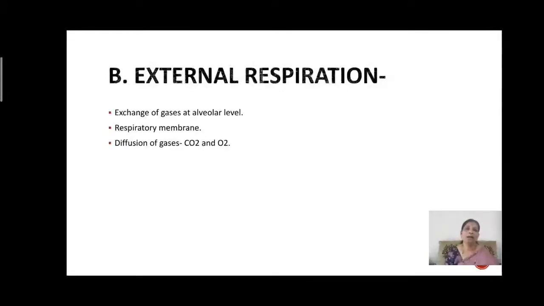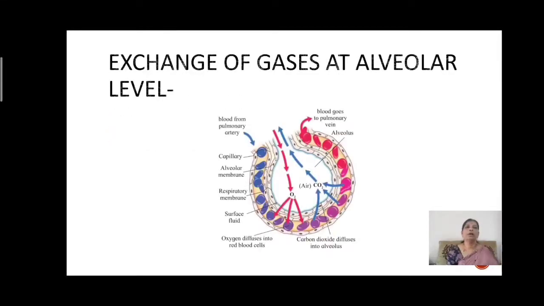Again here, according to the law of diffusion or the pressure gradient, due to the difference between the partial pressures, the oxygen diffuses from the alveolus into the blood capillaries. Both these processes are exactly reverse or opposite in direction.